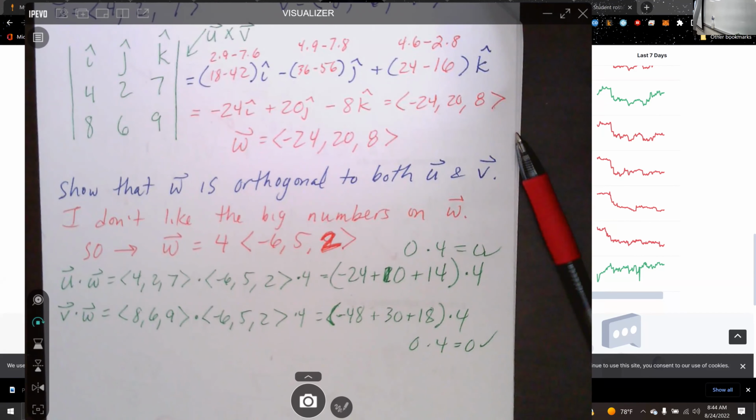So I wouldn't worry about it. Don't be too hard on yourself if you don't understand. But, okay, so anyway, you're finding a vector.